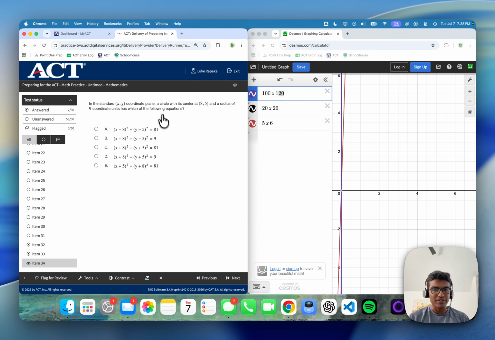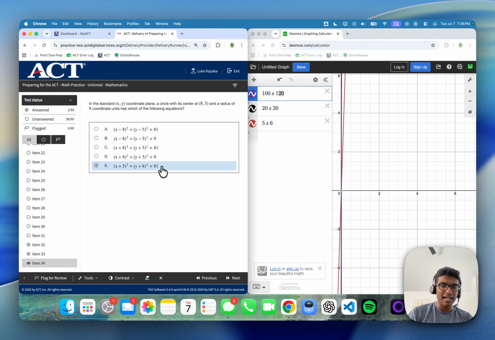All right, this should be easy. In the standard x, y coordinate plane, right off the bat, I know the radius has to be 9, right? And the right side of the equal sign, I know that has to be 81, because the right side is always the radius squared.